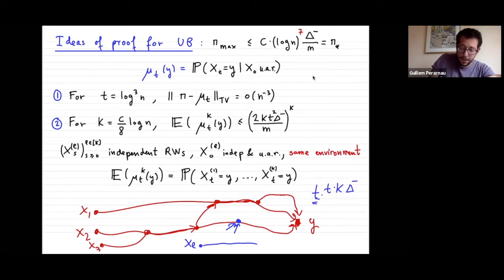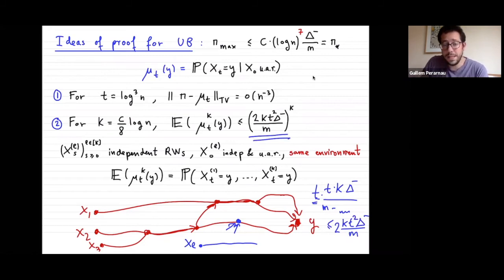And the number of edges in total is m, minus maybe something that you have already matched, which is not very important. So at the end, this is less than or equal to 2 times k t squared delta minus divided by m, which is the thing that you wanted to prove, right? So for each walk, the probability that eventually it will be at y times t is at most this amount.